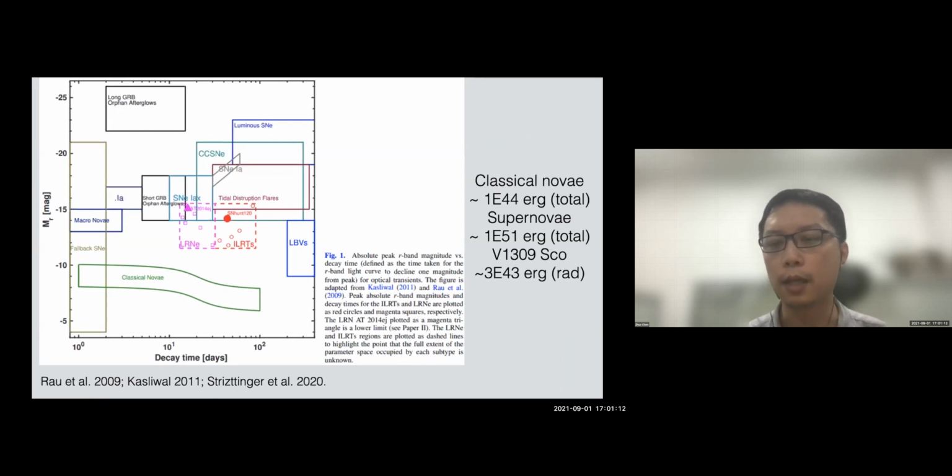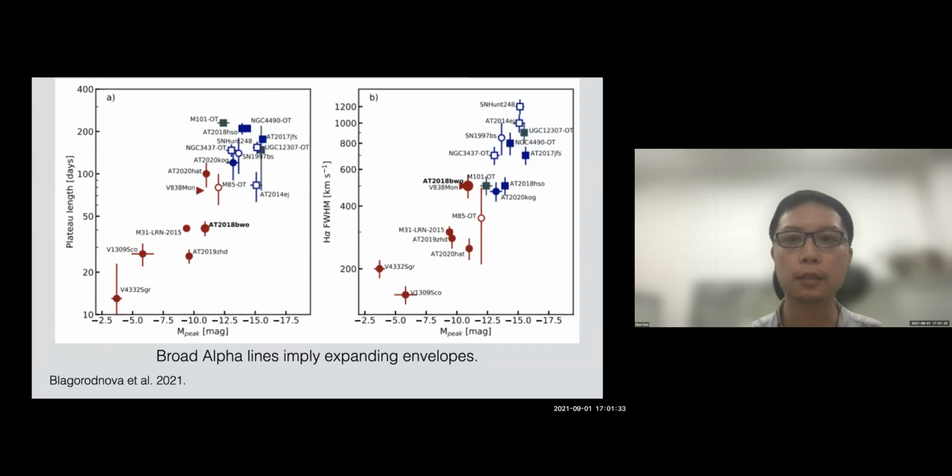The classic nova usually has a total energy release of 10^44 erg, and the supernova 10^51. For comparison, the radiation energy loss of V39 Scl is roughly 3 times 10^43 erg.